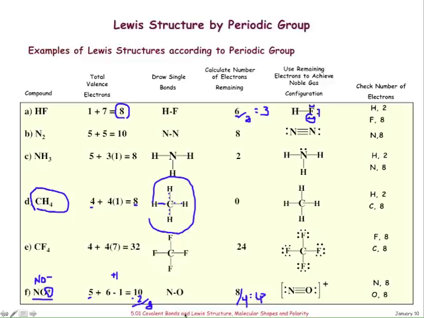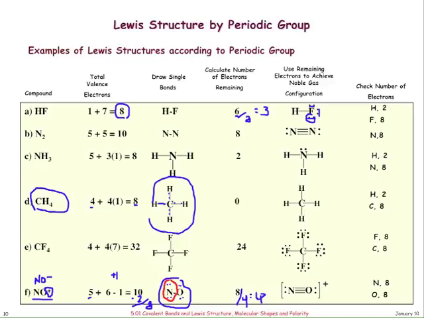So if we did this, we would do this. That's 2. That's 1, 2, 3, like that. So if you count, there's 2, 4, 6, 8, 10. The problem with this structure, okay, is that if you count, this nitrogen only has 6 valence electrons. 2, 4, 6.